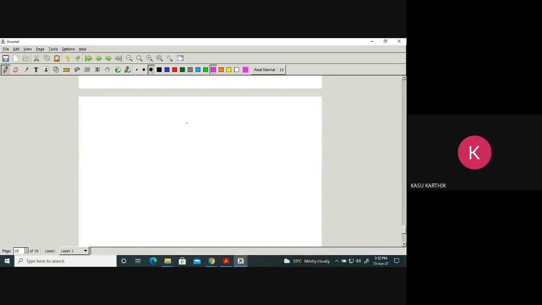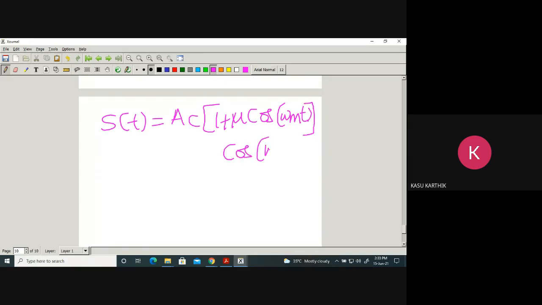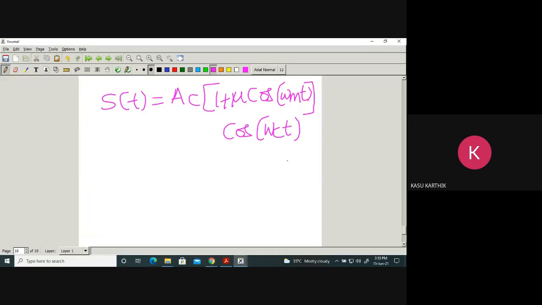If that is m of t, what is s of t? s of t equals the single tone AM equation, Ac into 1 plus mu cos omega m t, into cos omega c t. Can you take the Fourier transform of this signal?